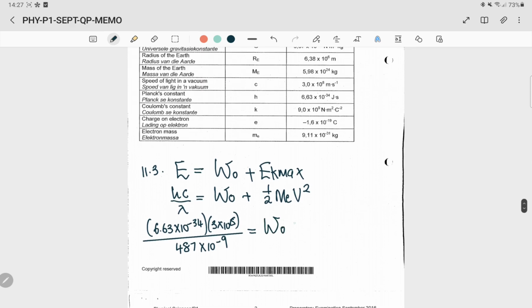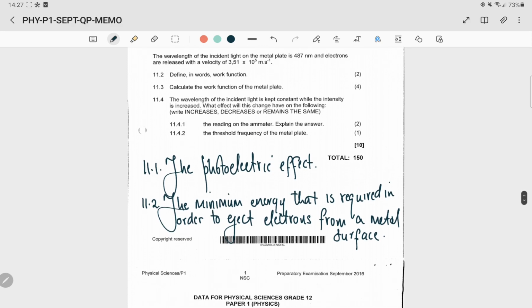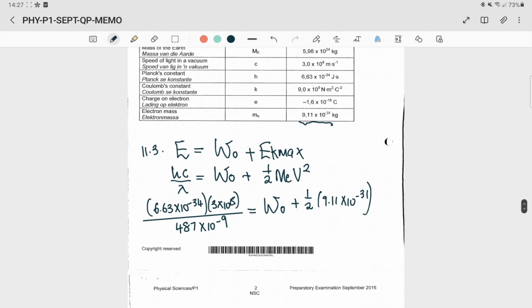Then we are looking for the work function. The mass of the electron is 9.11 times 10 to the negative 31, it's right here. And then the velocity, 3.51 times 10 to the exponent of 5, squared.